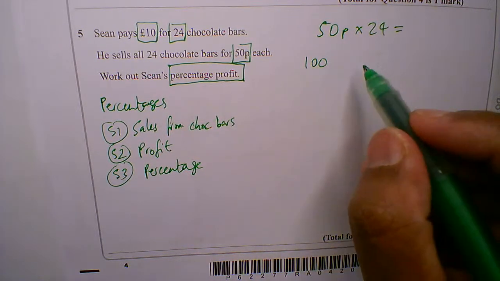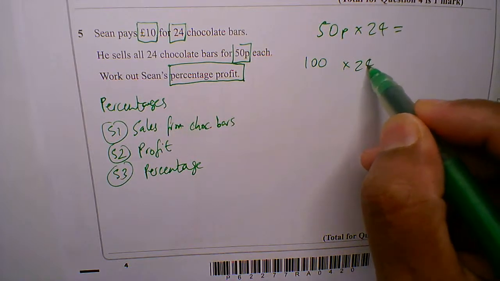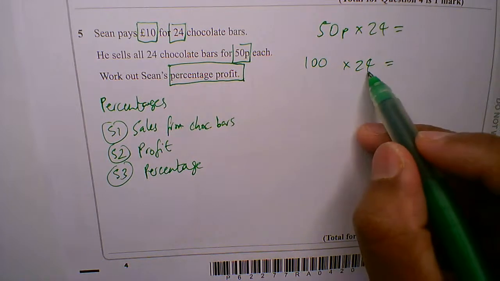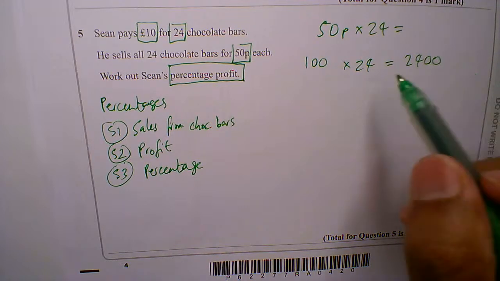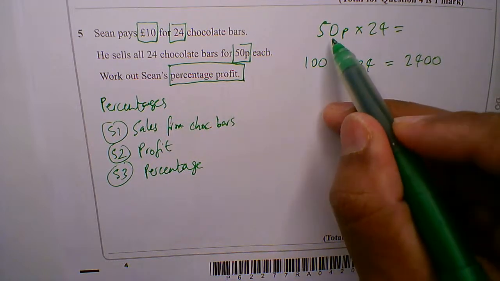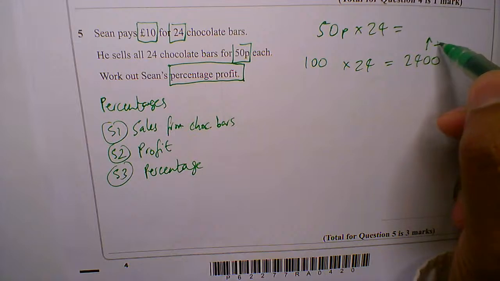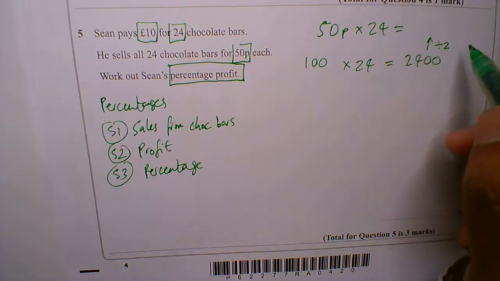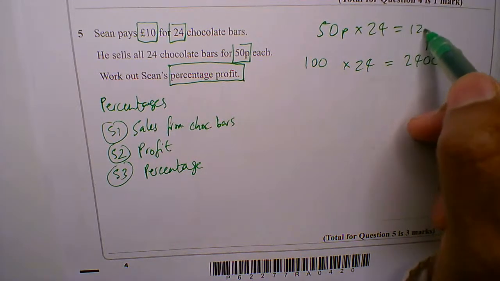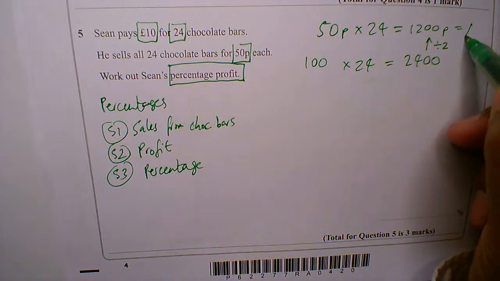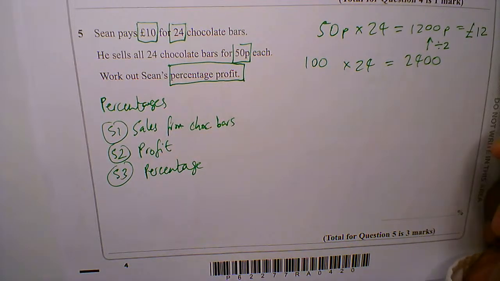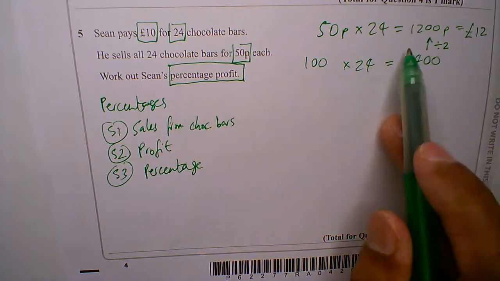I'm going to double that because it's easier to do. So 100 times by 24 is just 24 with 2 zeros. Now, if I think about it, to get to 50, I just divide by 2. So I can just divide this answer by 2. So what's half of 24 is 12. So this is in terms of pence. I can change this into pounds, which is £12.